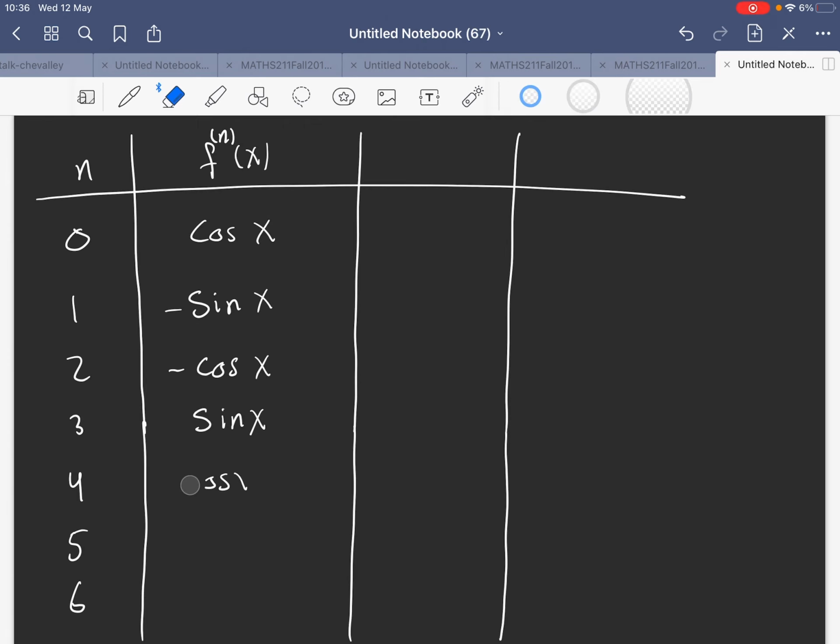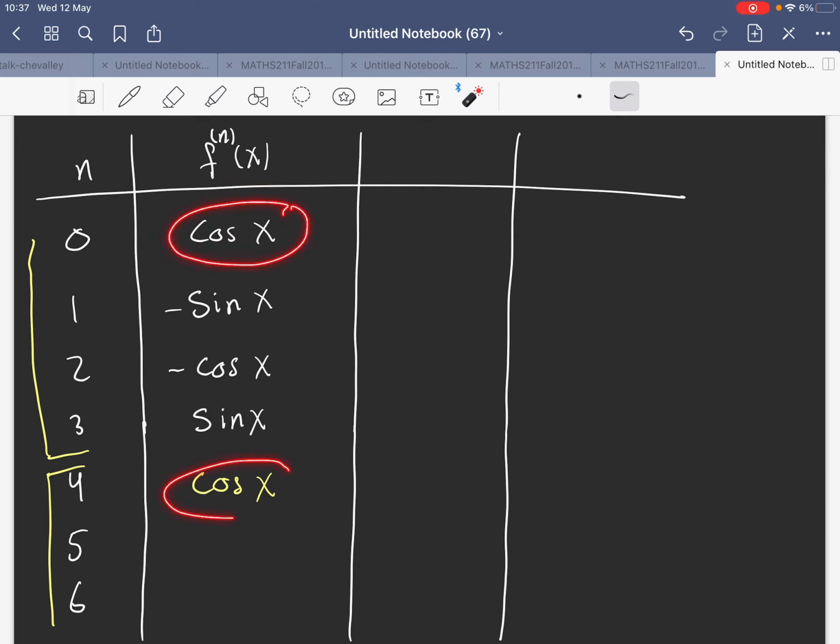Let me do it in a different color so that you can see what's going on here. Now you can see that I will repeat what I did before, because look, once you end up in cosine again, whatever comes next will just repeat itself.